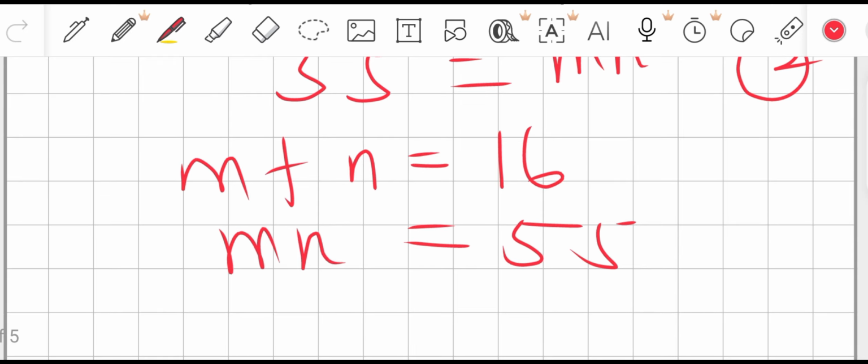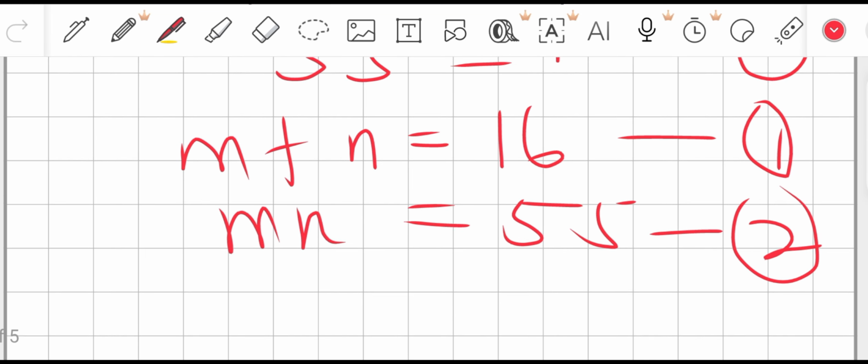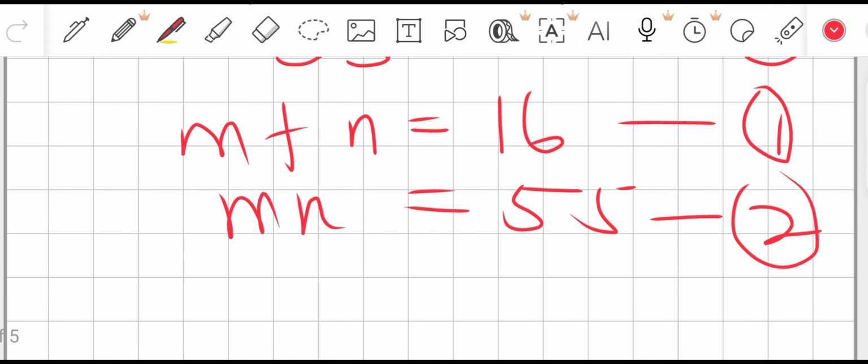So we need to find two numbers which will add to give us 16 and then multiply to give us 55. So from the above, you can decide to make m the subject in one of the equations, or make any of the variables the subject in any of the equations.